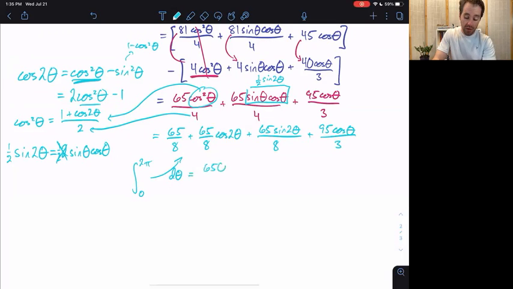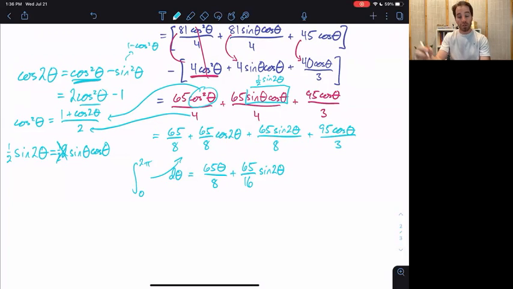One by one, 65 theta over 8 plus integral of cosine is sine. And because of the 2 theta, if it were 65 over 8 sine of 2 theta, when you take a derivative, you'd end up multiplying by 2, causing the 8 to become a 4. We don't want that. So what we need is another 2 down the bottom to make it a 16. The same deal is going to happen with the sine 2 theta in the next term. So that's going to be 65 sine 2 theta over 16.